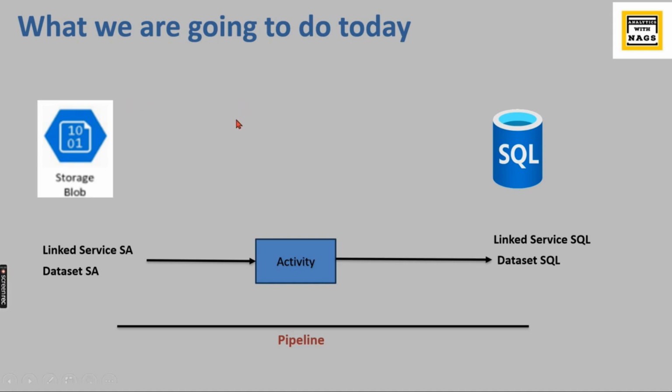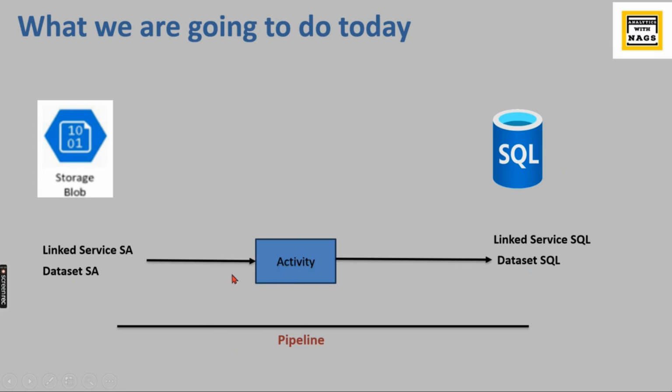And when I need to load another table, that is the question right now. When I need to create another table, do I need to create all the things again? What are the shared features? If you see in this example, what is specific to the table is this dataset and target dataset, as well as the activity.